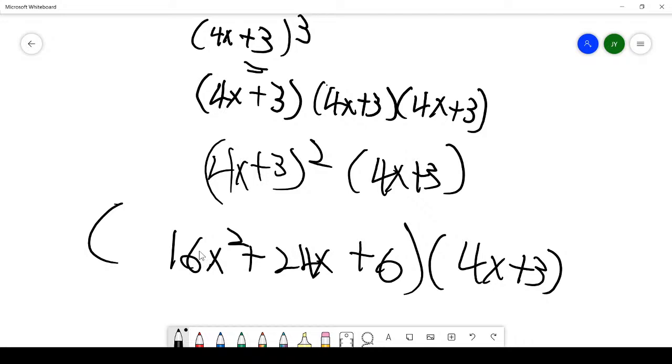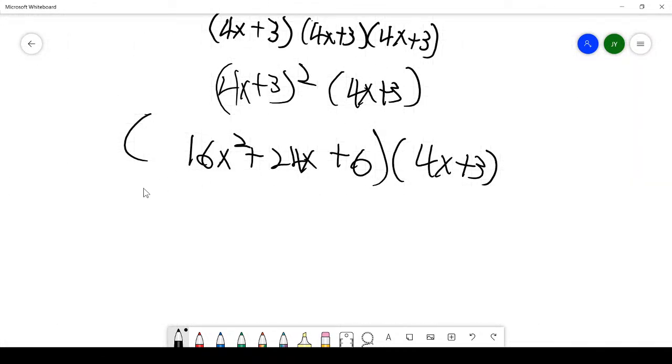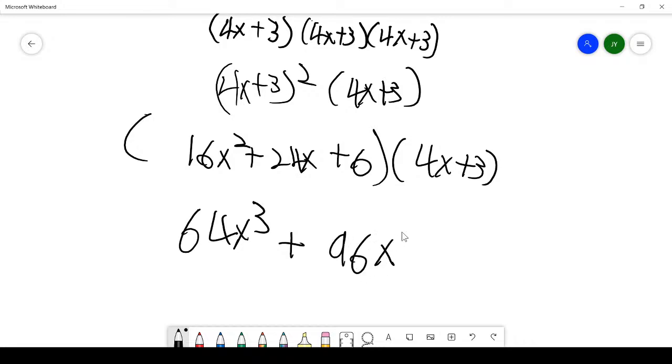So you multiply this to here again. You have 64x to the third plus 96x squared plus 24x.